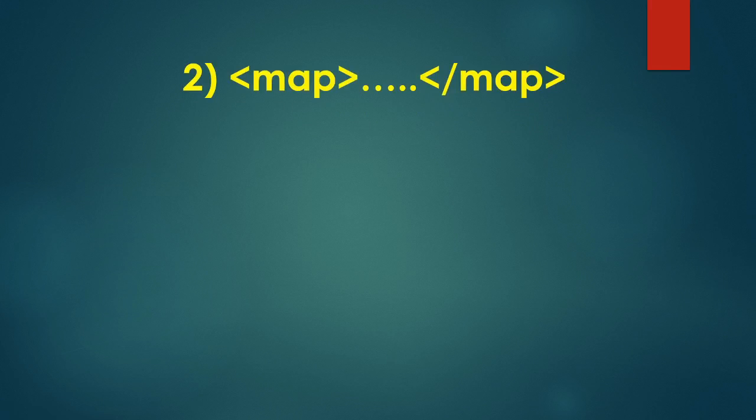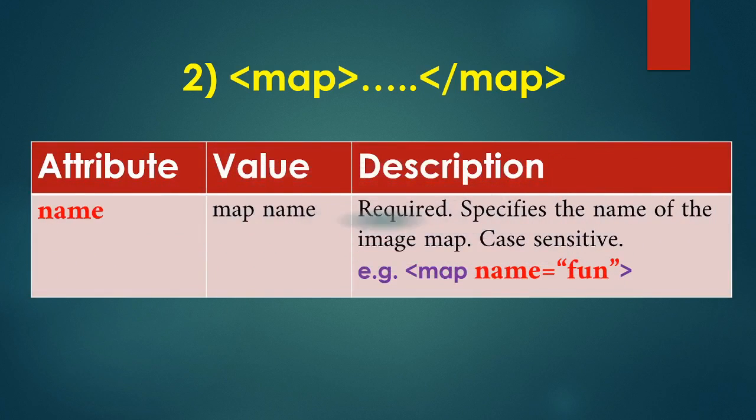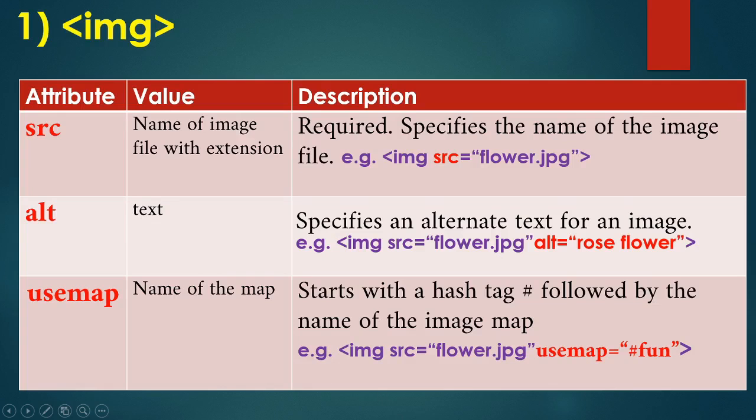Then the next tag, that is the map tag. You can see it is a paired tag or container tag having a closing tag. The map tag is having only one attribute, which is name, and the value is going to be some name. Here I have taken fun as a name, and if I go back to my img tag, here the same name I have used.